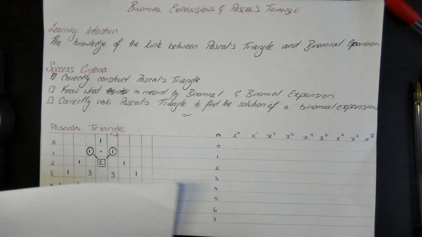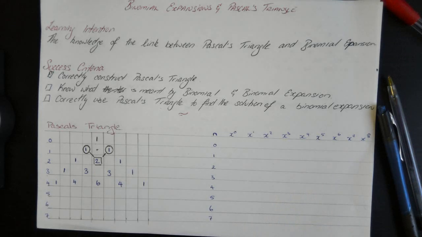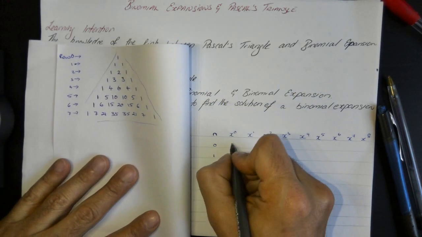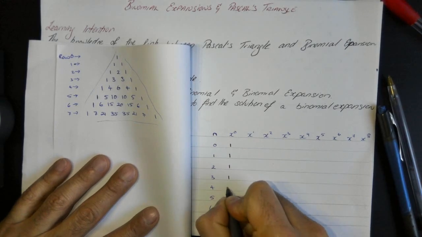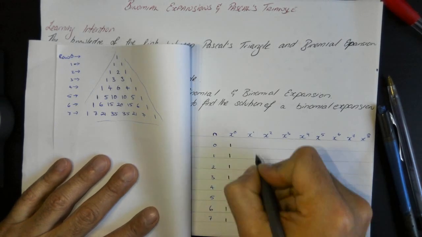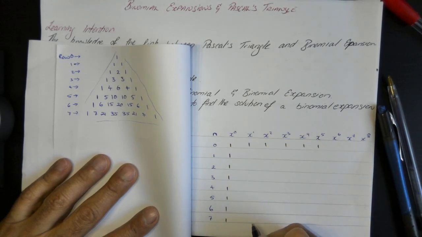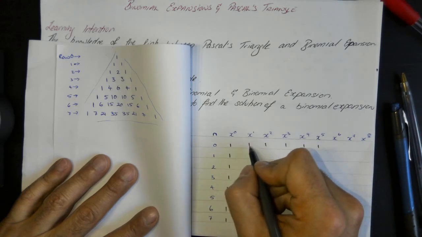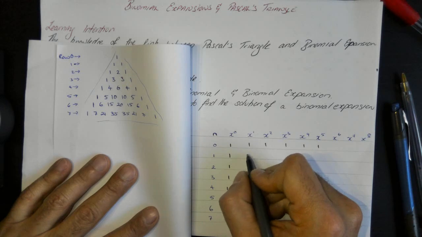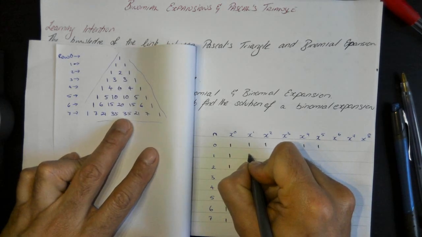So we can write it like this. I went 1 down the sides.